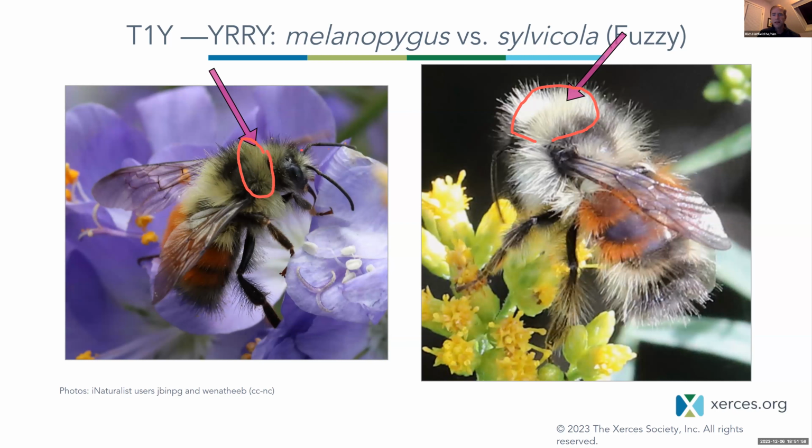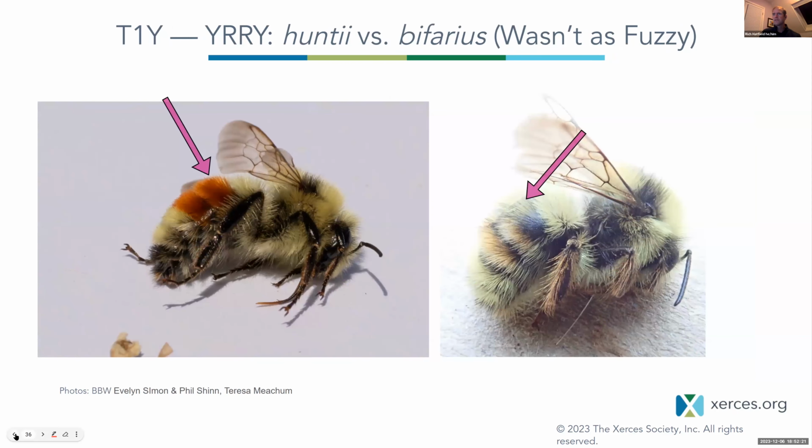Thankfully for Bombus melanopygus, the further south we go, we start to lose the red hairs as well. So this becomes the Edwardsi color form once we cross over from Oregon into California. So you wouldn't confuse these two species with each other, although sometimes Bombus sylvicola also loses its red. So it can get confusing. So yeah, we're going to look at the front of the thorax for those species.